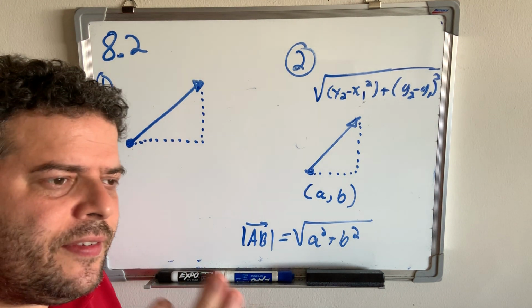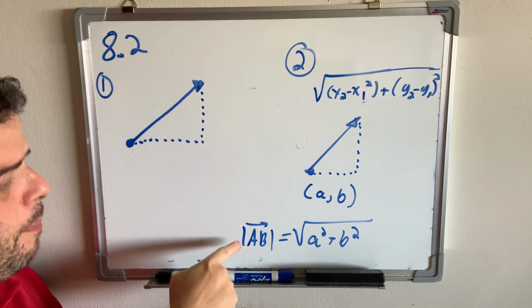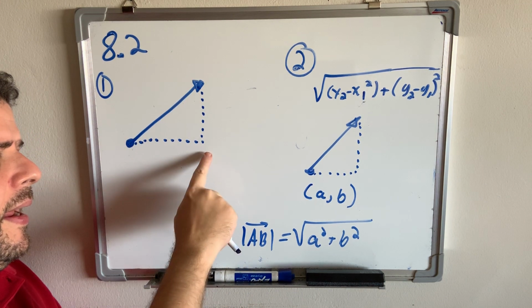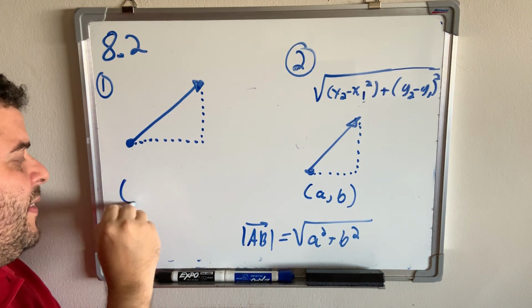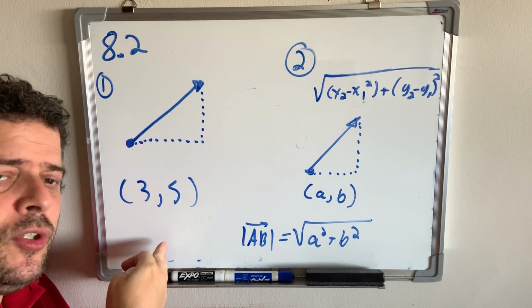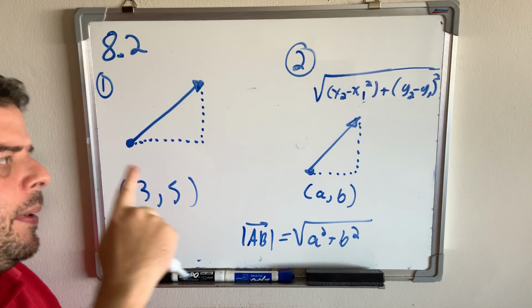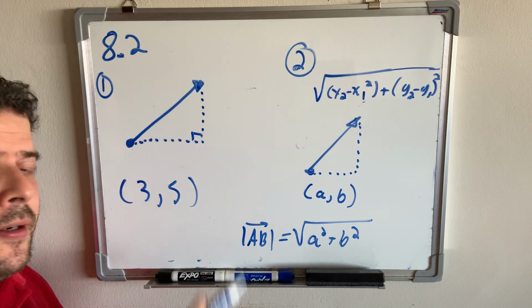So there are two ways to work this problem. If they give you the component form, x and y, or a and b, and they tell you to find the magnitude of that vector, let's think a bit. Does this not look like a right triangle, right there?